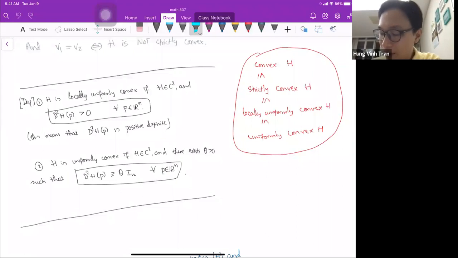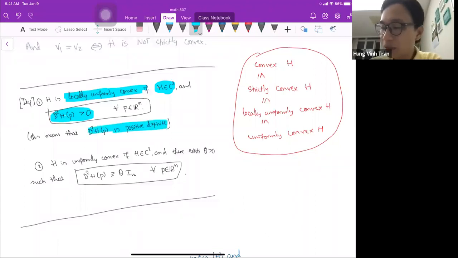So the definition is here. Locally uniformly convex. I'll explain what I mean by locally. I'm trying to be careful. What it means is that if H is C2 and you take the Hessian, it's always positive definite. For those of you who are not used to what I'm writing, I can write out a more analytical definition.